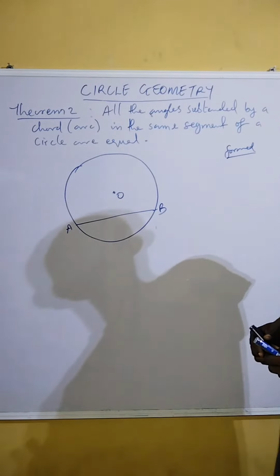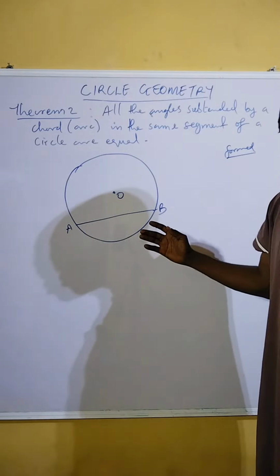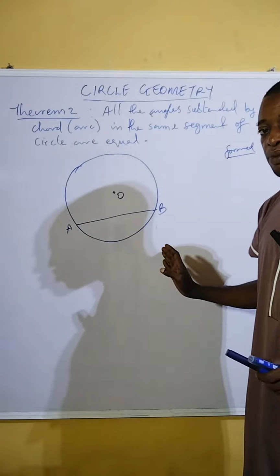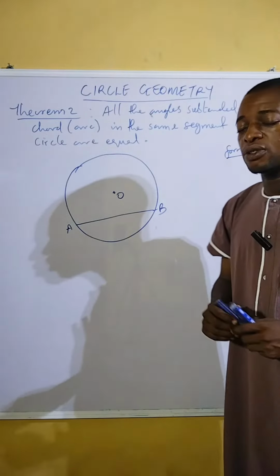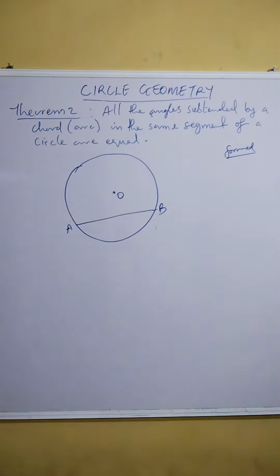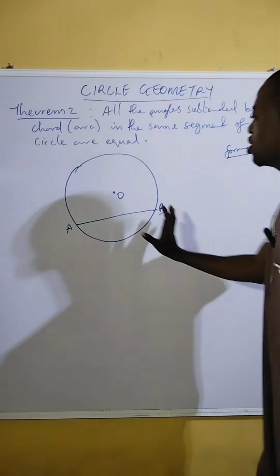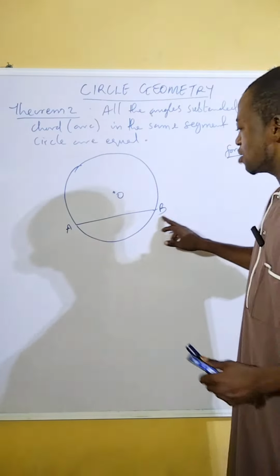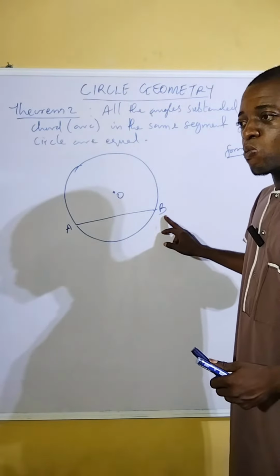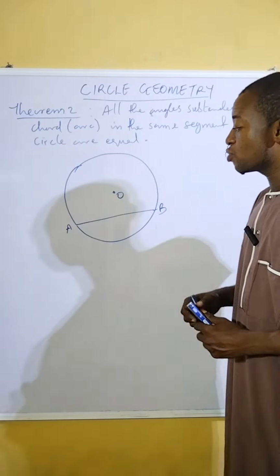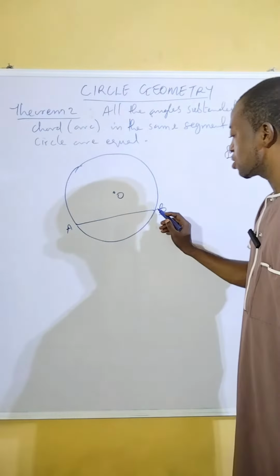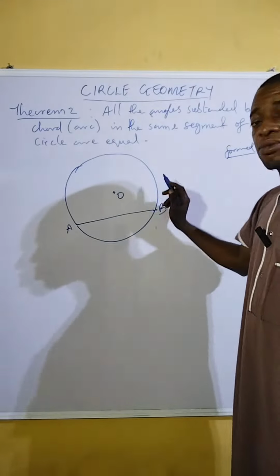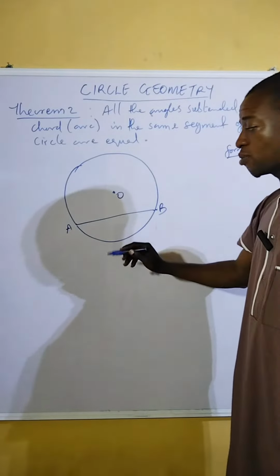Now, let's form angles on this major segment by this chord AB.